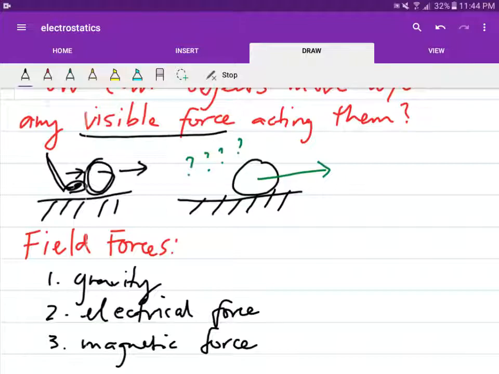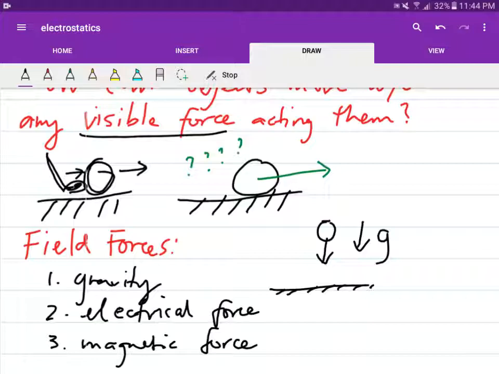So gravity, you cannot see how gravity actually pulls down objects towards the center of the earth, but you know that it is causing objects to fall down towards the center of the earth.